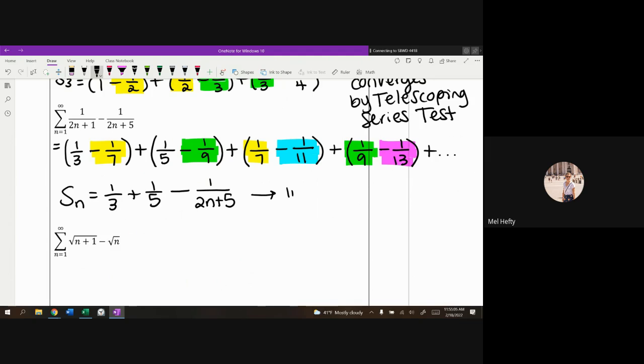But notice if I take a limit of this again, that part will go to 0, and I'll just get 1/3 plus 1/5. That's the 5. All right, if I simplify that, I'm going to get, I think, 8 over 15. What could I call the number 8 over 15? The sum. That's equal to this series. So if I wanted to say this equals something, it equals 8 over 15.